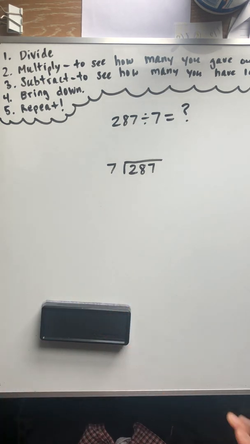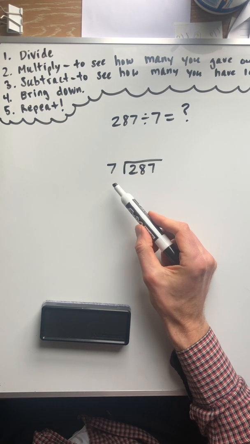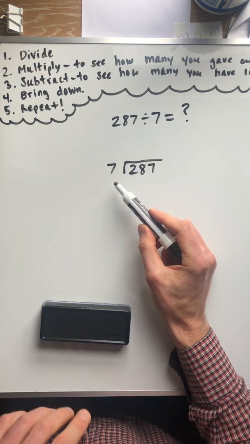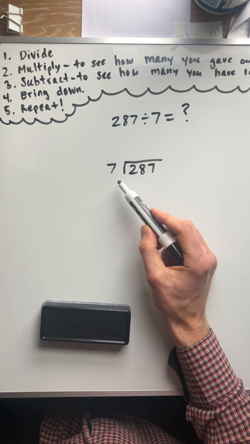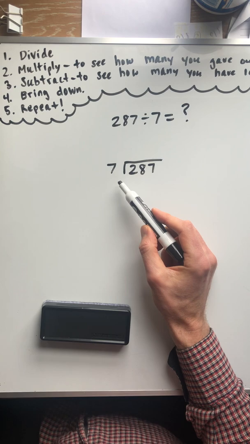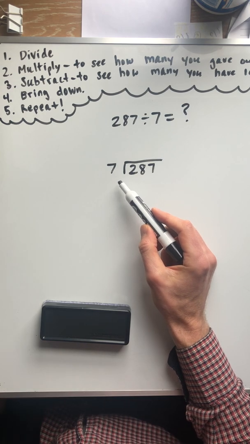The way we were talking about this is, imagine that there are 7 people, and they all did some work for you. Let's say you paid 7 people to build you a fence.